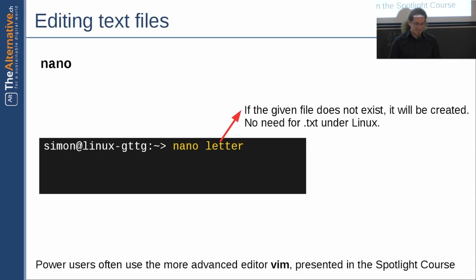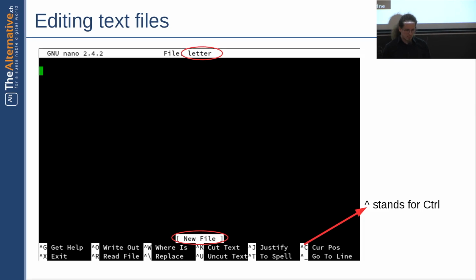There are quite a lot of editors available for the command line. A very easy one is Nano. It's a really, really simple one. You can just type stuff in, and then you use the keyboard bindings at the bottom here to save your file, copy and paste, and so on.